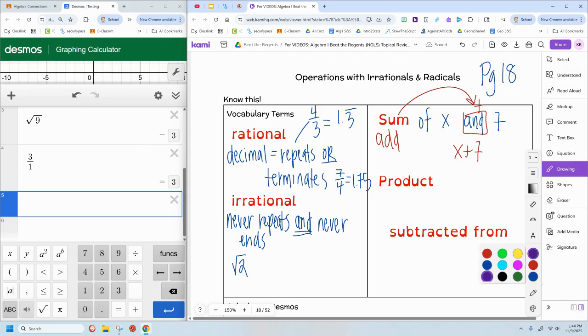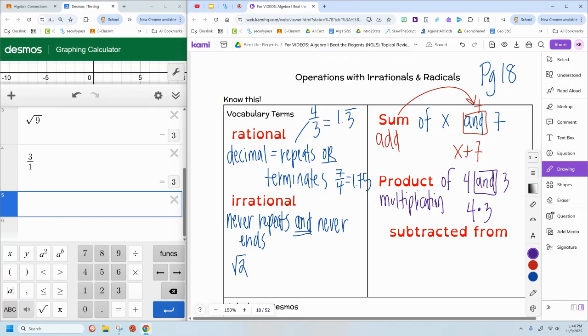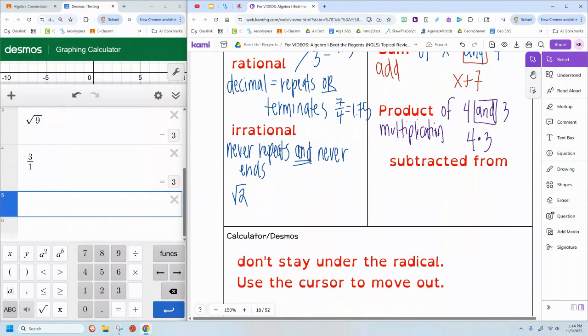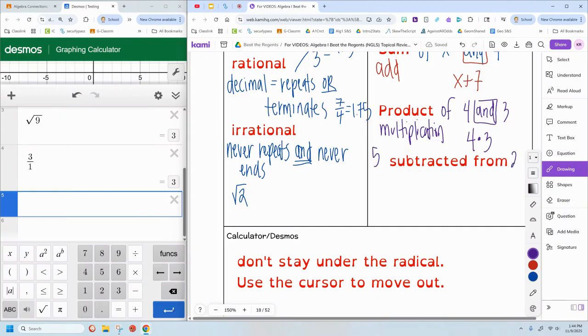Same thing for the word product. I have the product of 4 and 3. That means the and becomes the symbol for multiplication. So 4 times 3. And then the word difference is used for subtraction, but if the word subtraction is in there, they sometimes use an expression like when 5 is subtracted from 20.